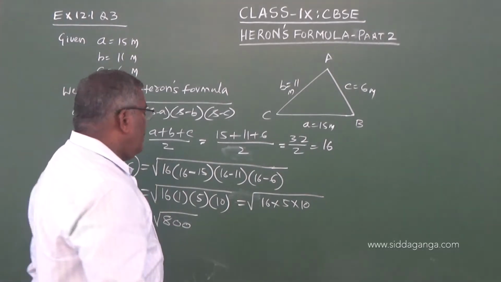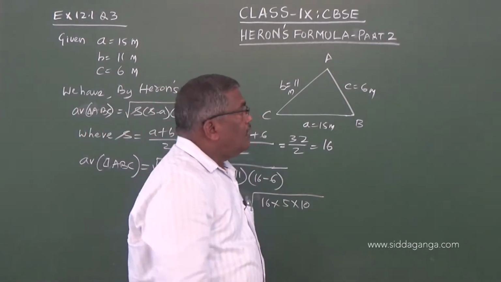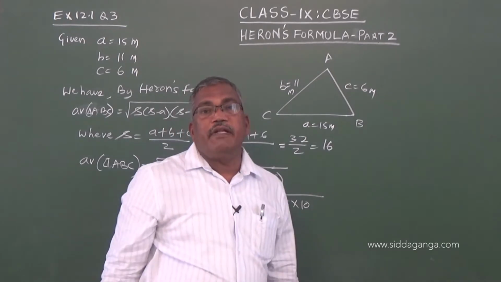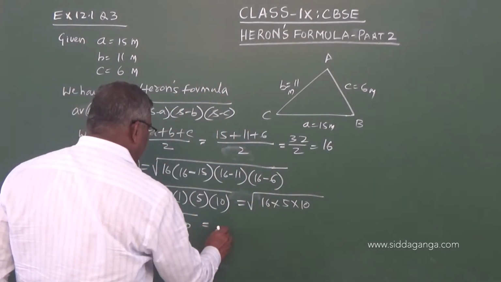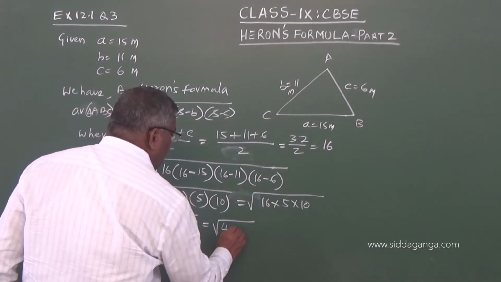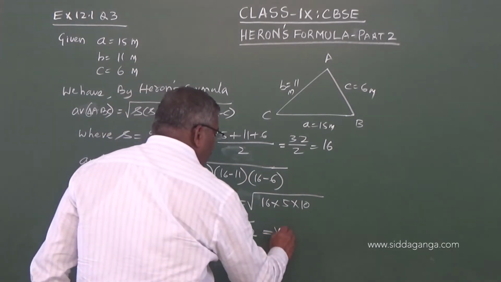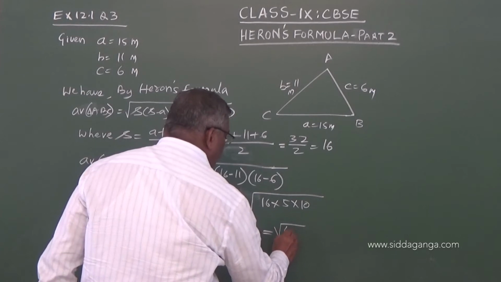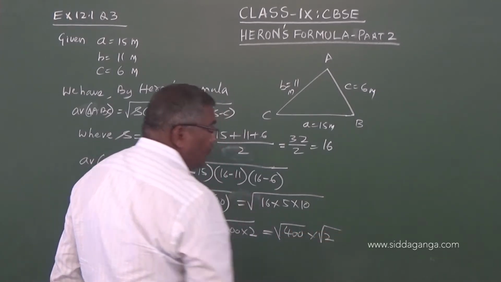Now, we have to find the square root of 800. You can use the division method, or we can do it like this. 800 can be written as square root of, you observe this, 400 into 2, that is equal to square root of 400 into square root of 2.